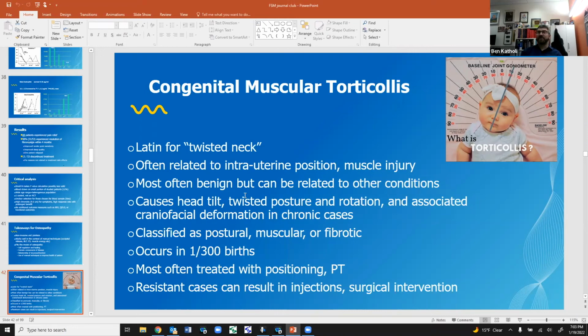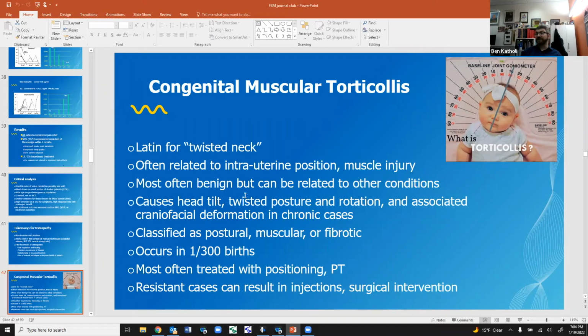And there's some craniofacial deformation that happens because of the pull of the tight muscles. So it can be postural, and that's pretty benign. It can be muscular with muscle tightness, or there can be fibrotic. And the study we're going to talk about is the worst of the worst.